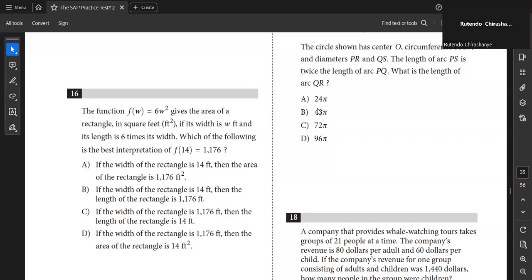Okay, so let's look at it. The question says 6w squared gives the area. So w is x and 6w squared is the area.